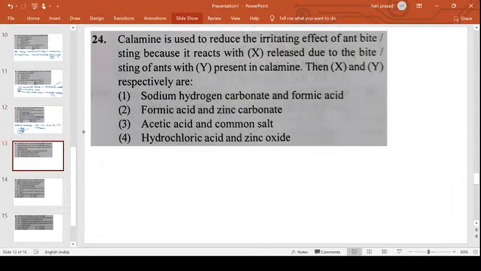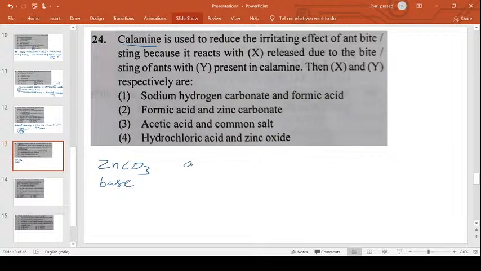Next question. Here calamine is given. Calamine is zinc carbonate, and it is a basic substance, a base.